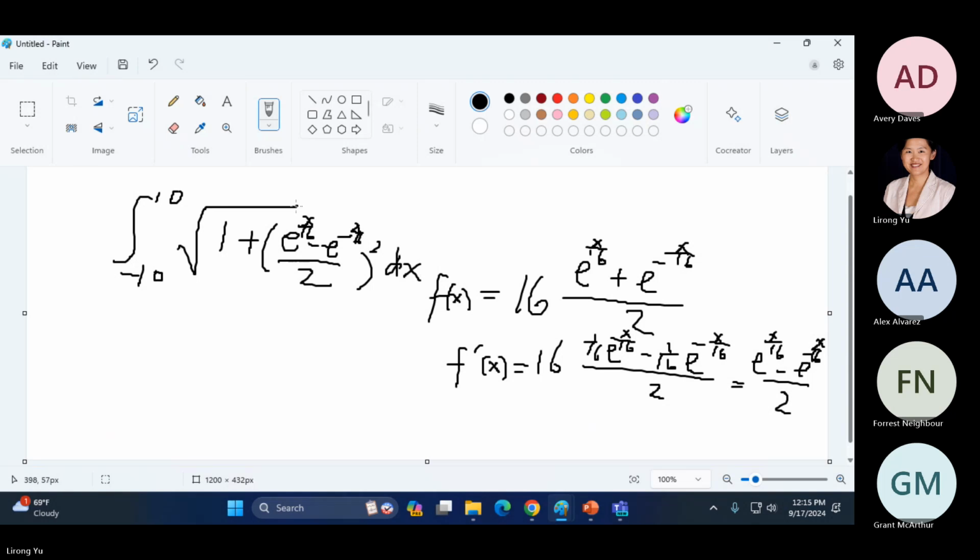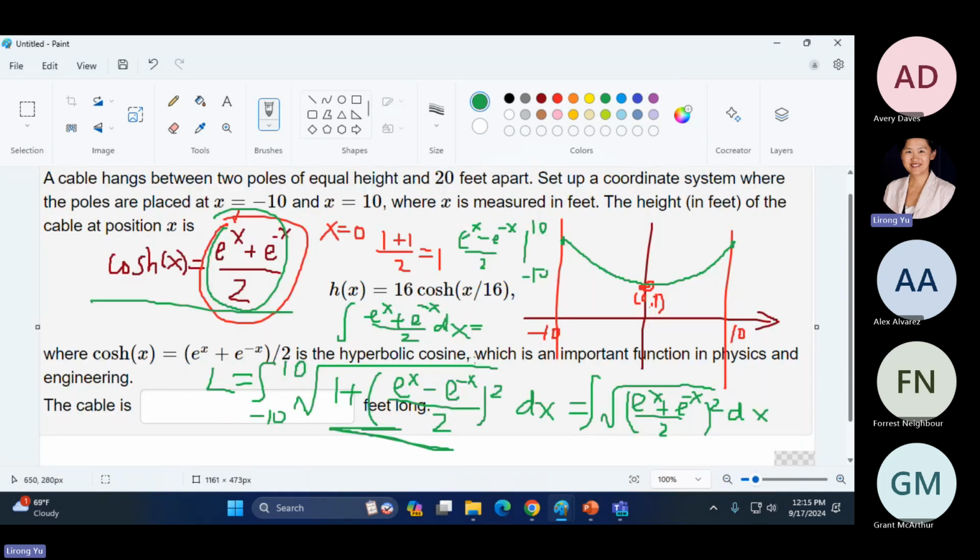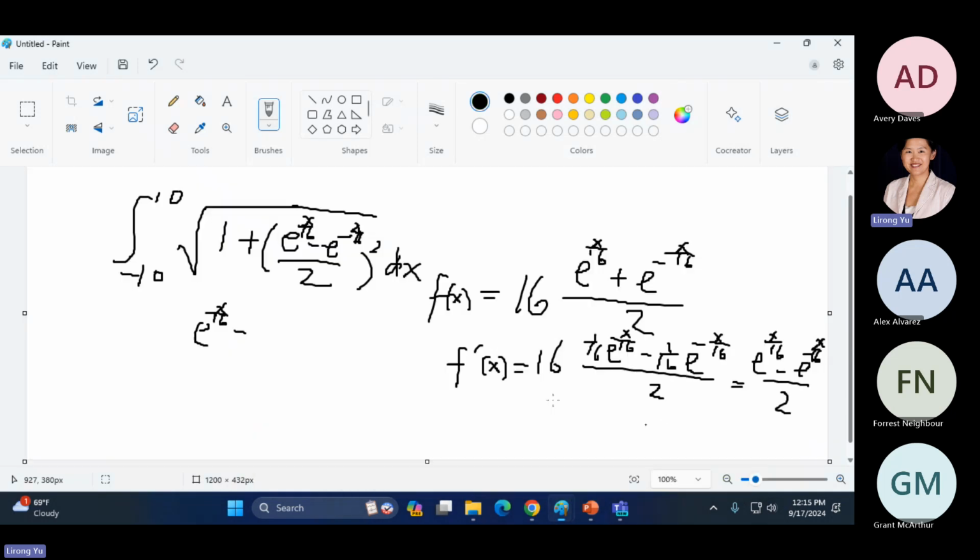Yes. Okay, so this is also going to be a perfect square after we square everything. So it's going to be e to the x over 16 plus e to the negative x over 16, over 2, from negative 10 to positive 10. That should be the integration, right?